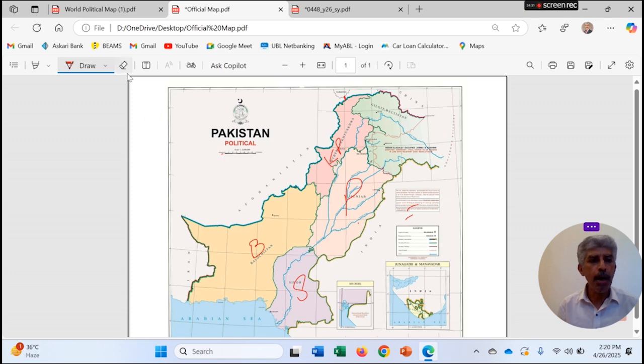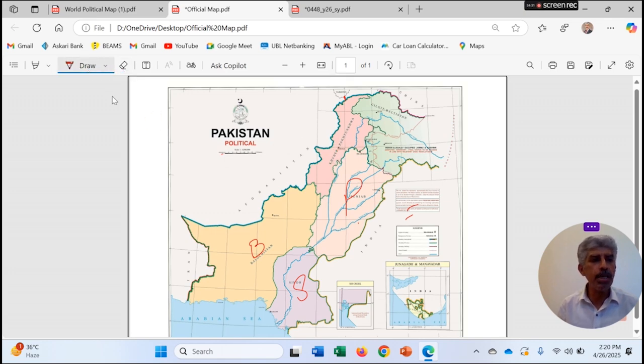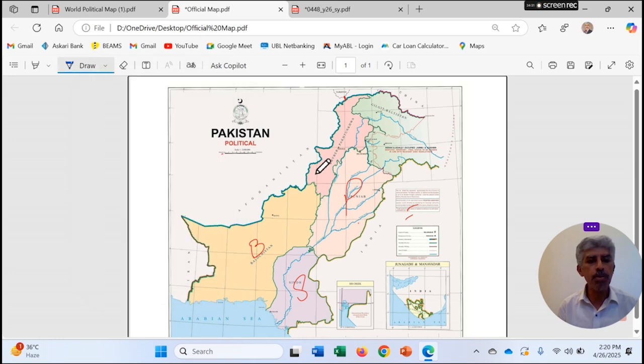So previously what we have seen, that there was a smaller region over there in the adjoining areas of Afghanistan and Khyber Pakhtunkhwa. It was like this.